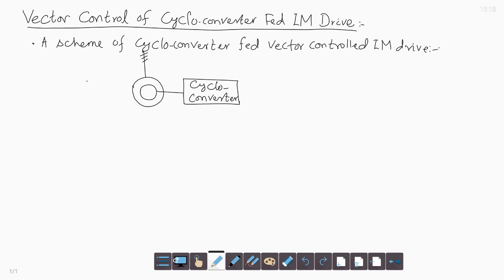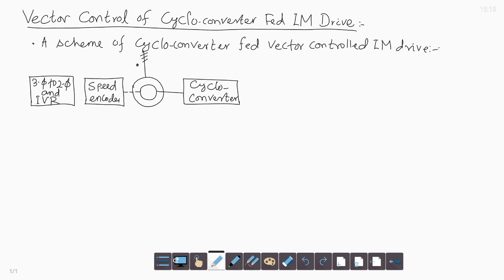So, this is the speed encoder, mounted on the rotor, and we have a 3-phase to 2-phase conversion and inverse vector rotation.